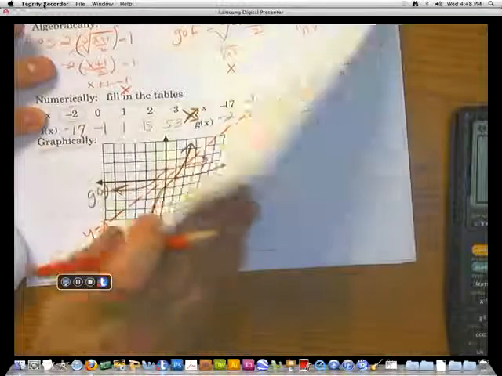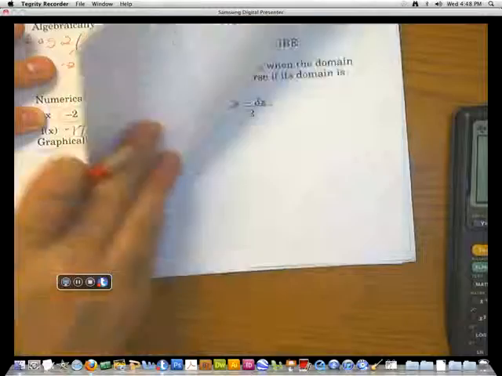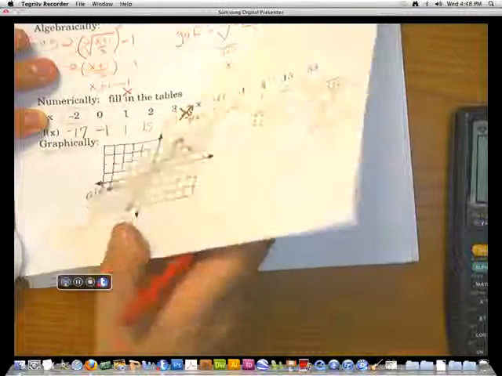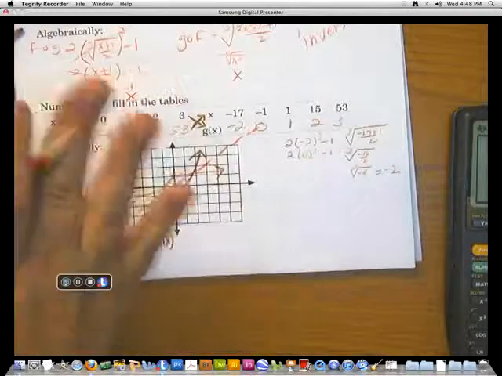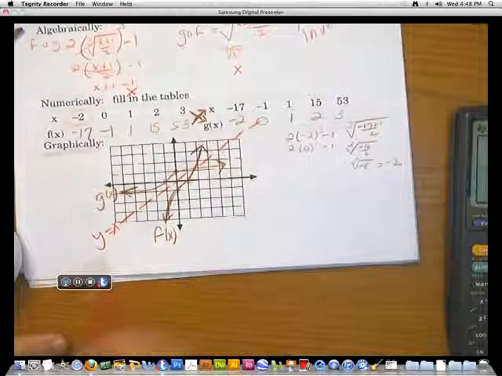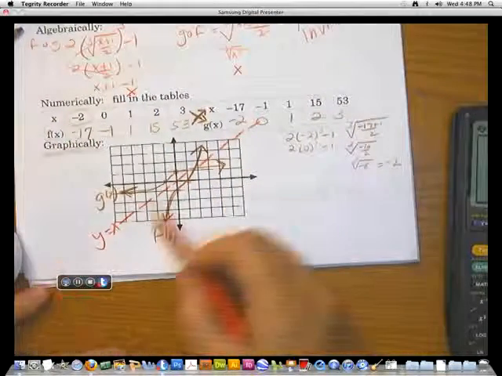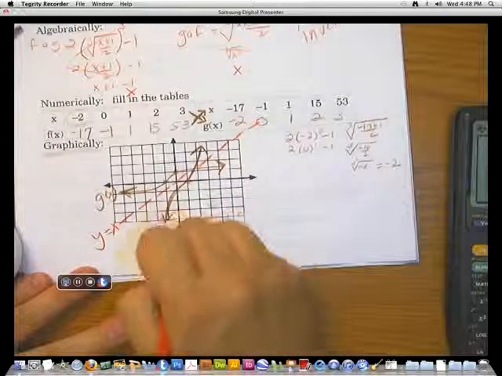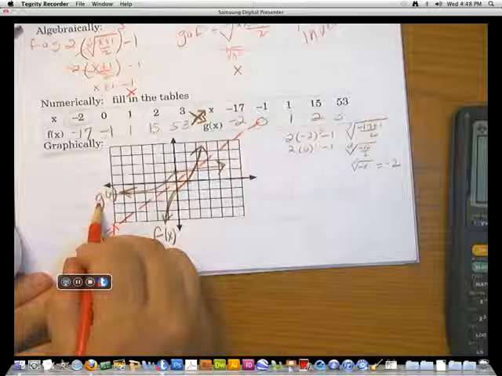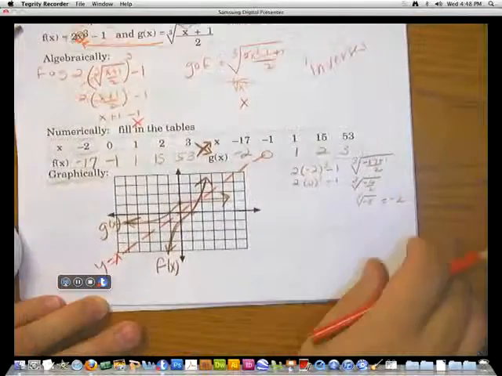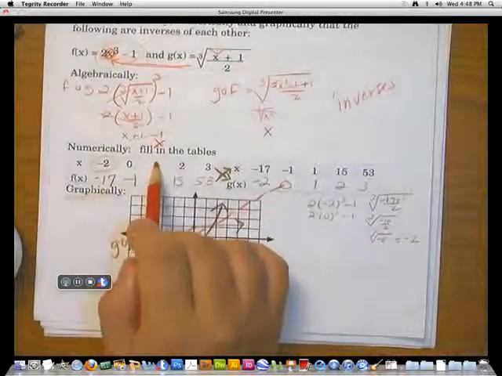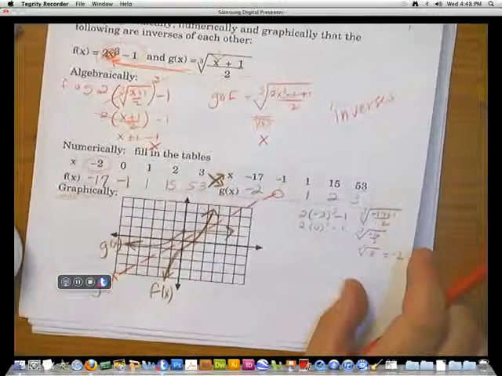I could bend my paper in half along that y equals x line, and they should lay on top of each other. That's what it means to be a reflection. Or every point (a, b) in f of x becomes the point (b, a) in g of x. So graphically, numerically, algebraically, we've done 3 of our 4 ways of the process.